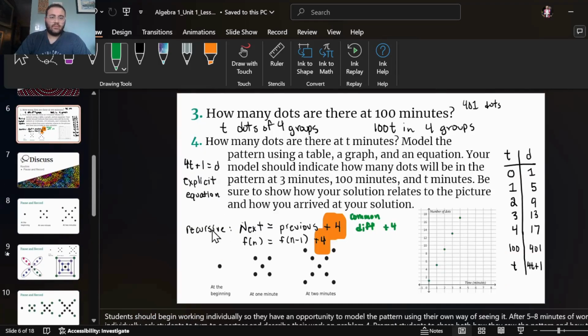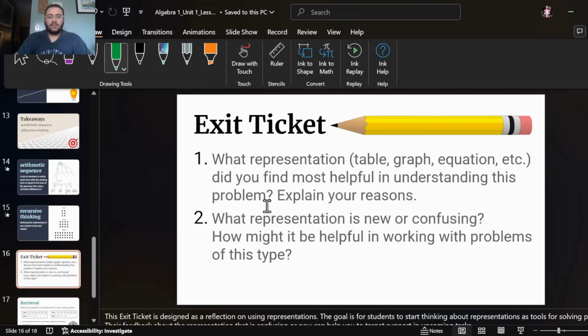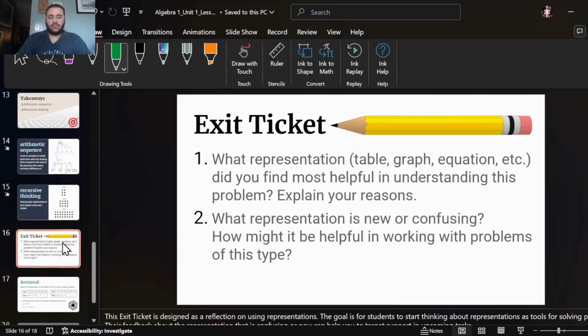What is a recursive equation? It is using the previous term to get to the next term. For the exit ticket, students explain what was helpful and what was not helpful, maybe what was confusing, what representation, graph, table, so on and so forth was confusing.